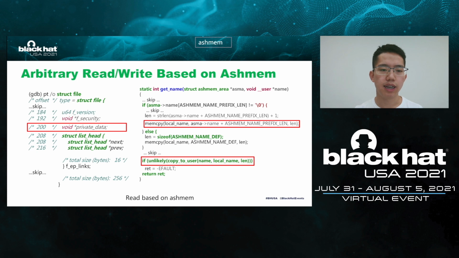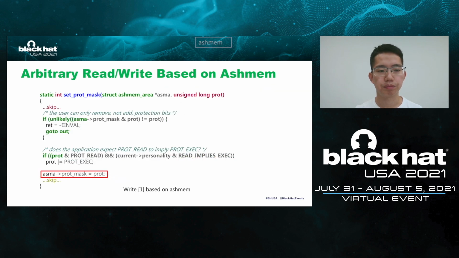First, let us have a look at the HMAP interface. This structure saves a pointer to file private data. The getName function of the HMAP interface can read a section of memory from the kernel. If the private data pointer can be tampered with, it can read content from any kernel address.